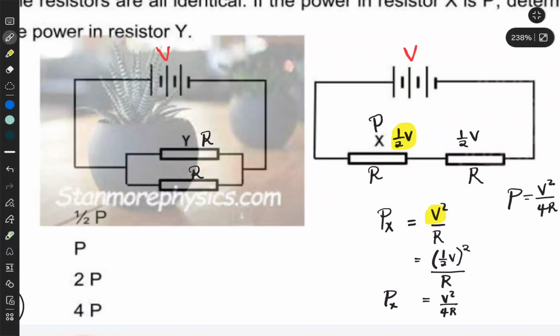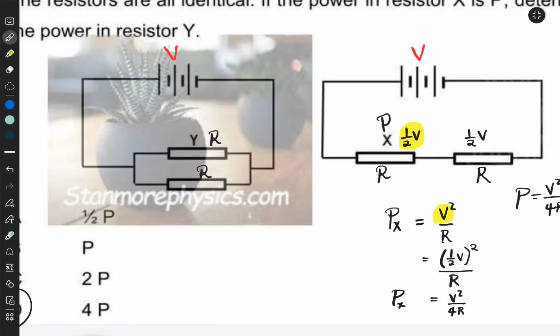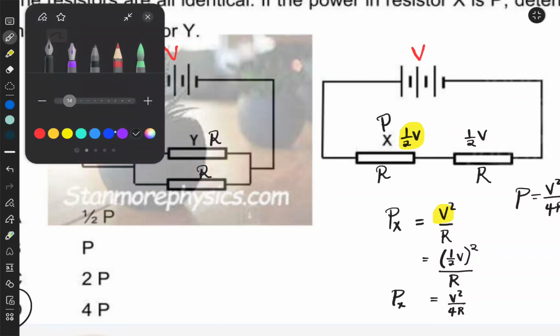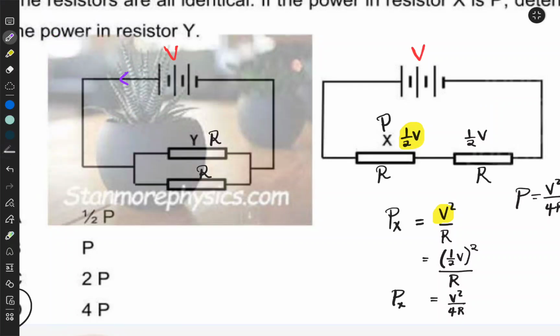There's a trap that someone might have fallen for, which is taking current here. If you use the current method, you'd have to have an extra step. But one common mistake that people make is they will take I here, let's say that's my I total, then when it gets to the junction it divides into half I, right?